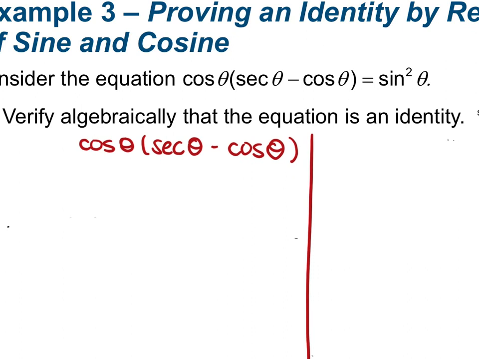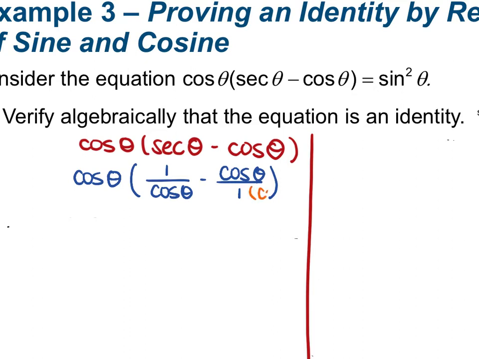So we're just going to rewrite this as cosine theta times 1 over cosine theta minus cosine theta. You realize that I put this cosine theta up a little bit so that way I can turn it into a fraction that's over 1, and I can go into simplifying this by combining my fractions. In order to combine fractions, you need like denominators. So that cosine theta over 1 has to be multiplied top and bottom by cosine theta to give us the like denominator that we're looking for.